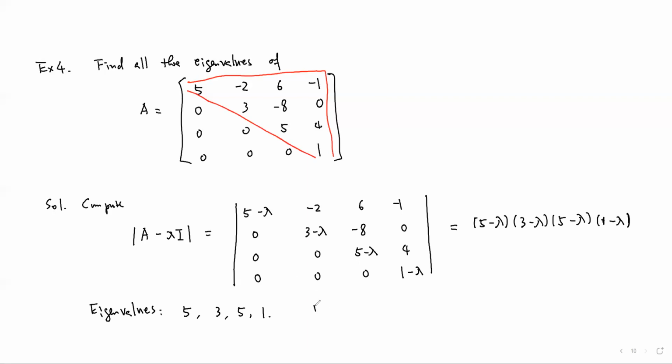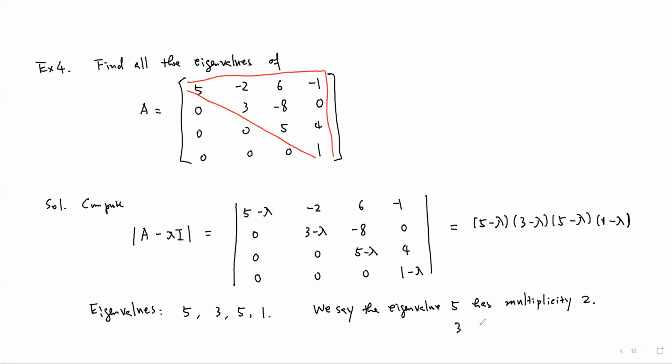So we say that the eigenvalue 5 has multiplicity 2 because eigenvalue 5 is repeated twice. How about number 3?